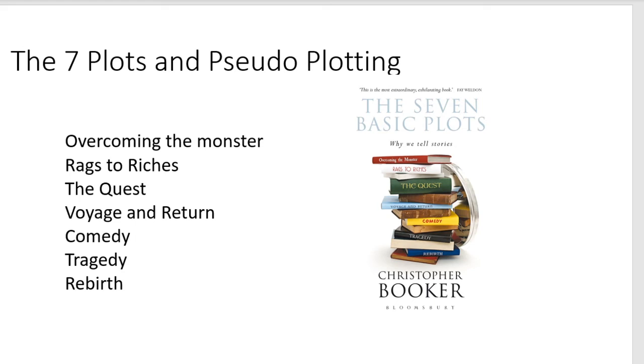And Christopher Booker, in his book, The 7 Basic Plots, argued that there are different stories that tend to reoccur and different stories with different formulations. He went so far as to say not that there were 7 plots, but actually each one of these is doubled into a dark form where the perspective is almost reversed. The 7 plots he outlined were Overcoming the Monster, Rags to Riches, The Quest, Voyage and Return, Comedy, Tragedy, and Rebirth.